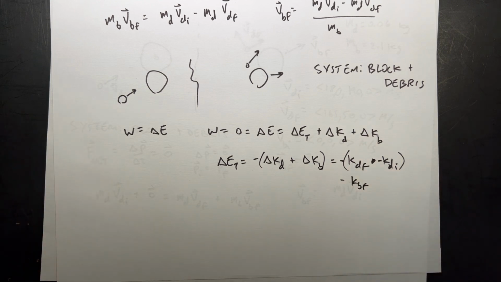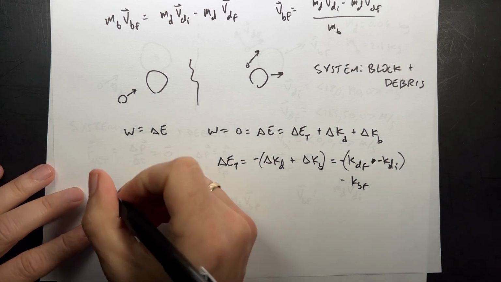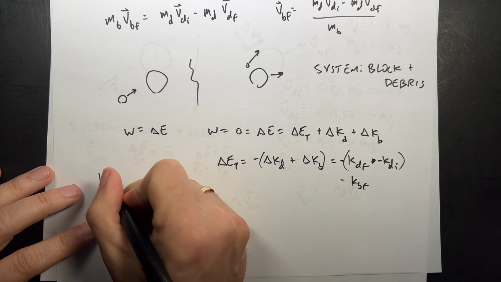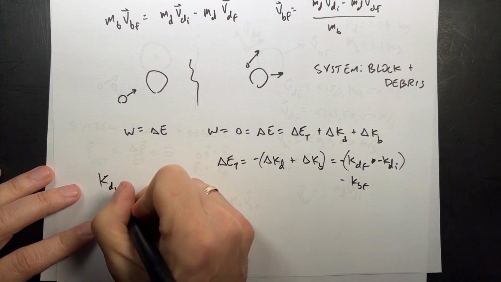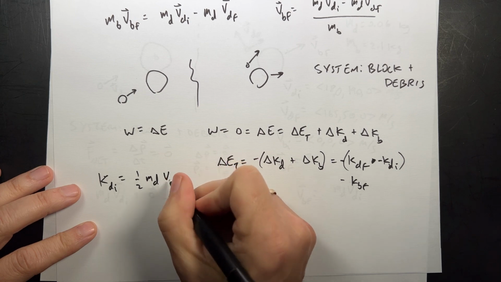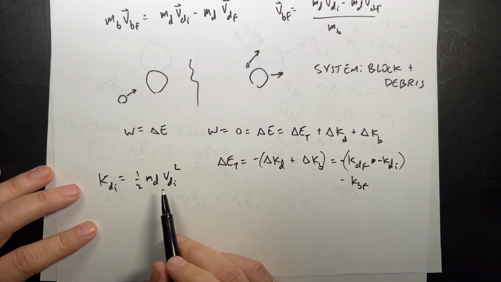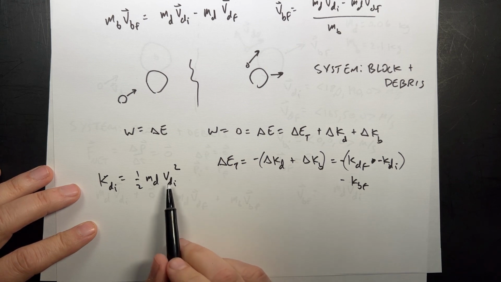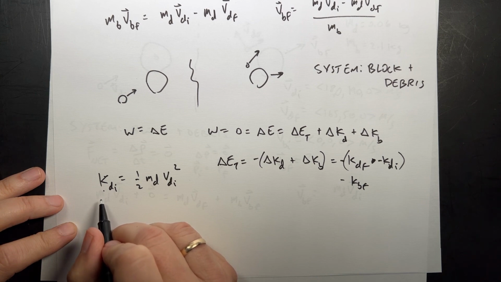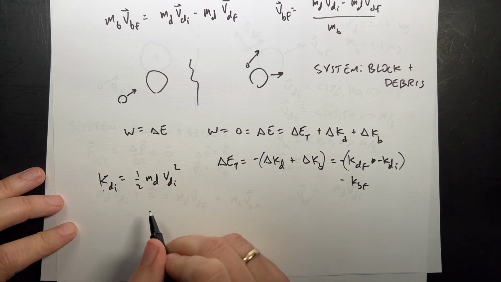There's no initial kinetic energy of the block. How do you calculate kinetic energy? Well, I know the momentums, but I know the velocities too. So kinetic energy of the debris initial is 1/2 mass of the debris times velocity of the debris initial squared, and that's a vector, so I need to find the magnitude of that vector and square it. And then I do the same thing for the debris final and then the block.